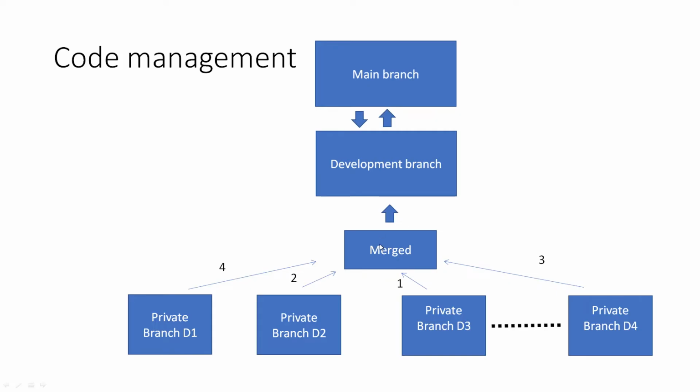Once the merged code is available in the development branch, it will be merged to the main branch, right? This main branch will be used for deploying or installing in the client system. This is the simple code management system.